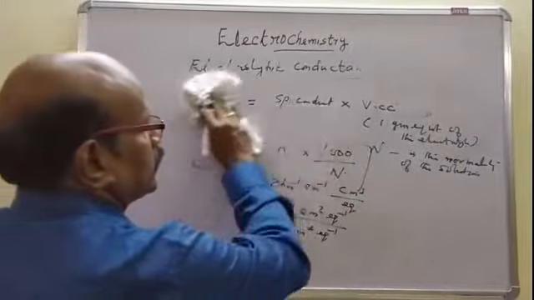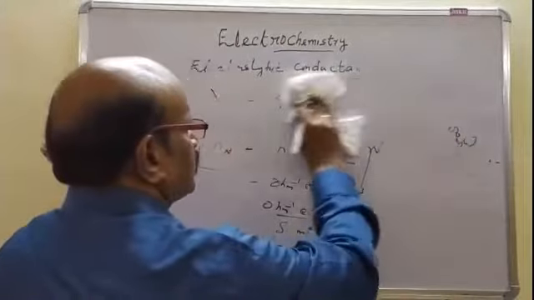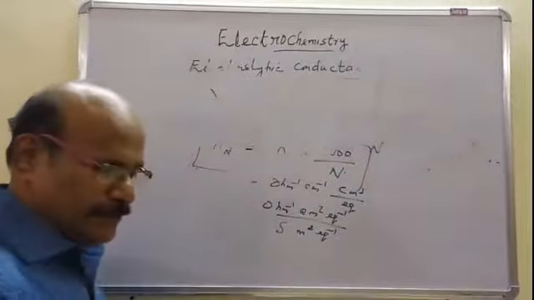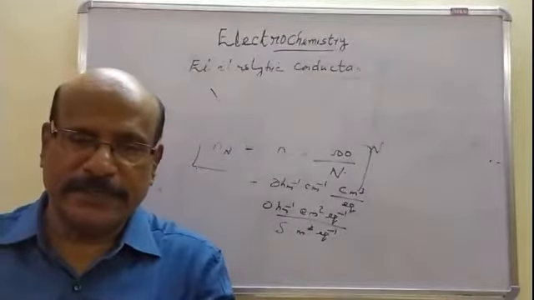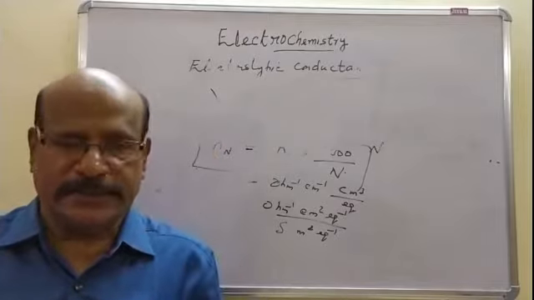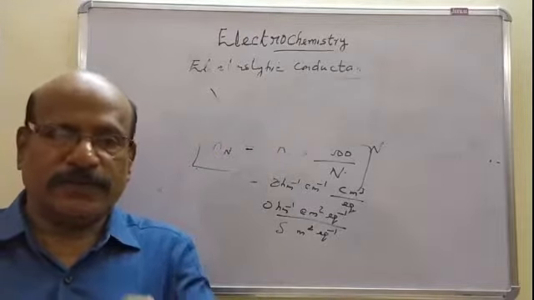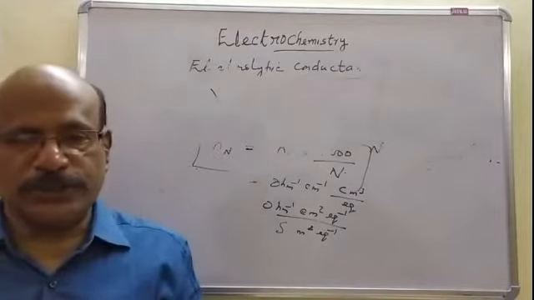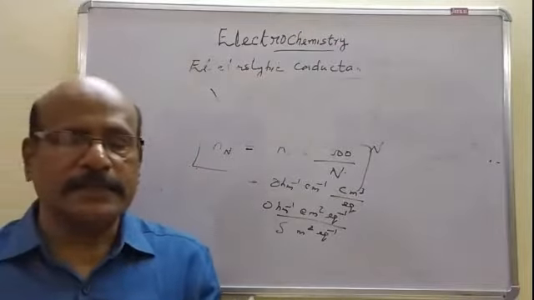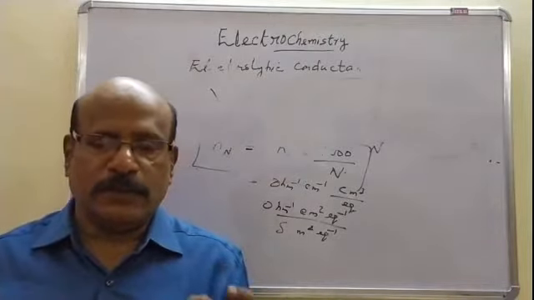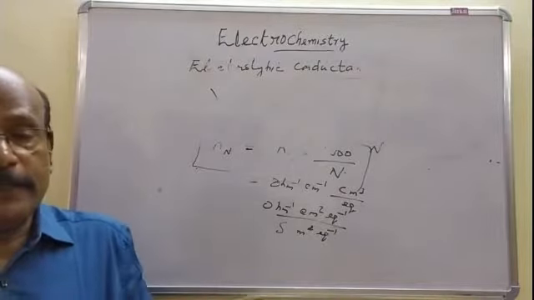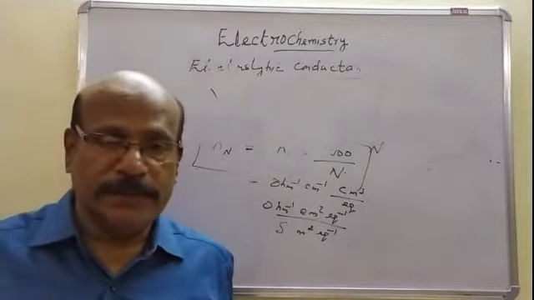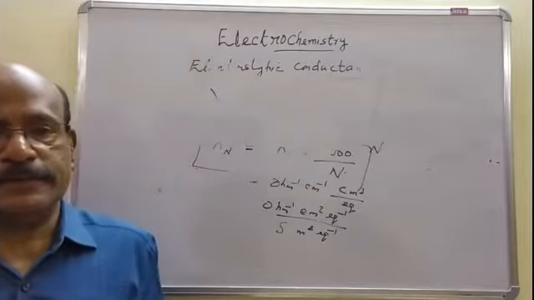That's all. So what you remember is that another important physical aspect of equivalent conductivity is that it is the conductivity of one normal solution, or the conductivity of all the ions produced by 1 gram equivalent of the electrolyte.